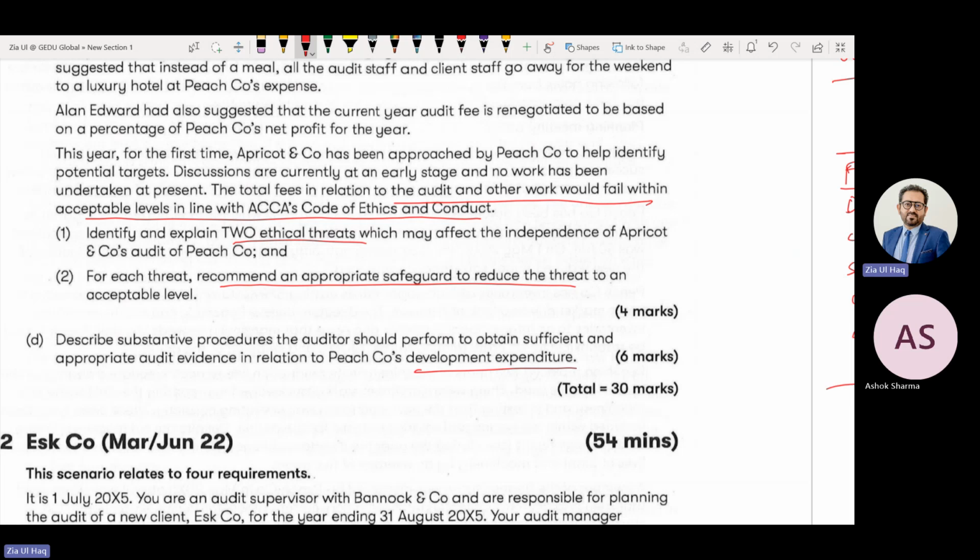Is cost reliably measured or not? Inspect the cost budget to verify cost has been measured reliably. Regarding amortization, recalculate amortization using the rate and policy and compare with management's calculation for accuracy. Also, we can consult an independent expert regarding the useful life of the product.